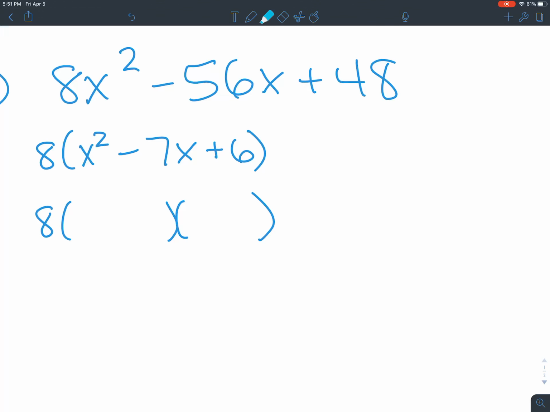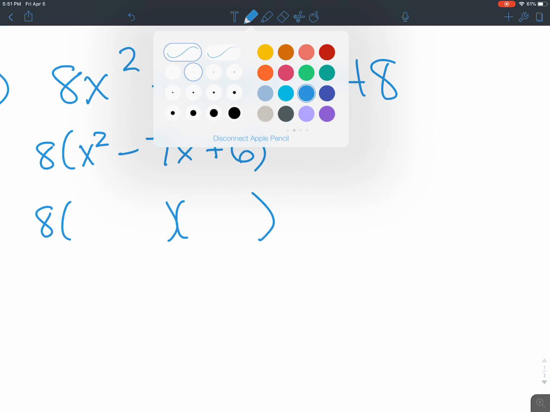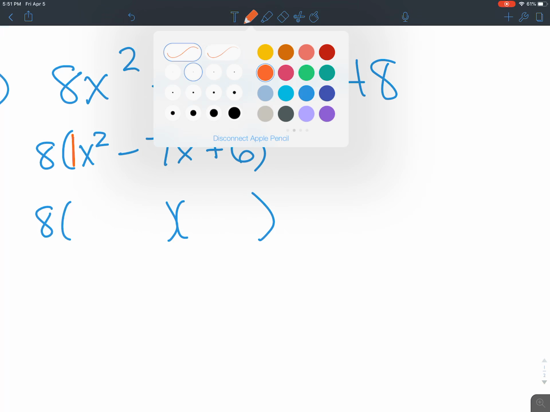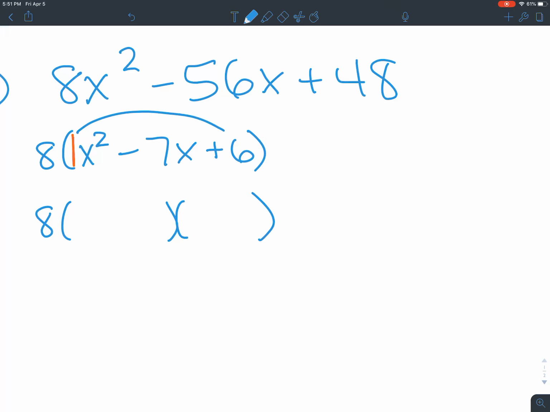Okay. Now this time I have a leading coefficient that we don't necessarily see, but there's a 1 here. And I'm still going to multiply 1 times 6 to get 6. Two numbers that multiply to positive 6 but add to negative 7 are negative 1 and negative 6. So we have x times x is x squared, negative 1, negative 6.